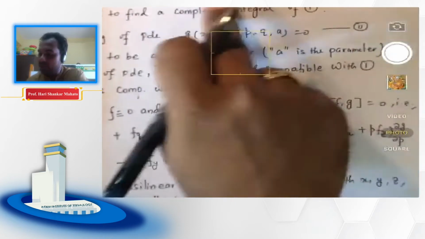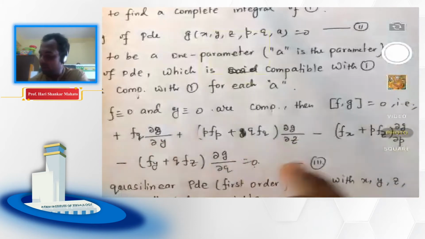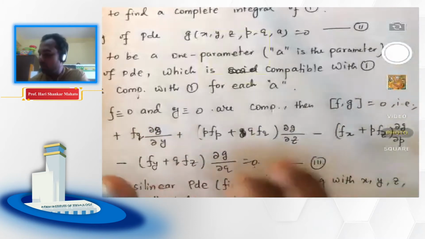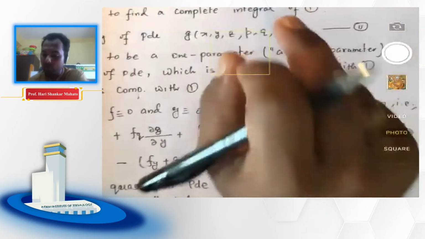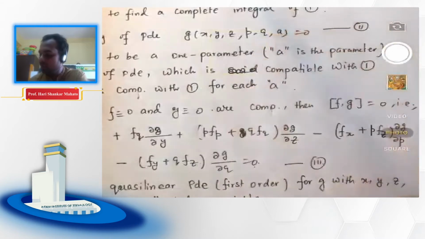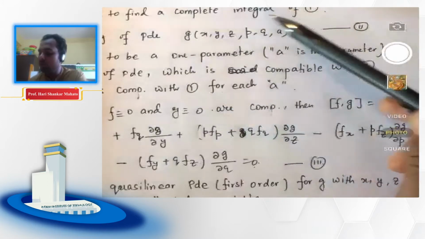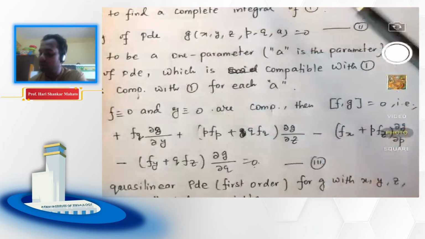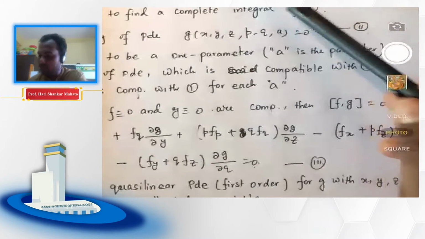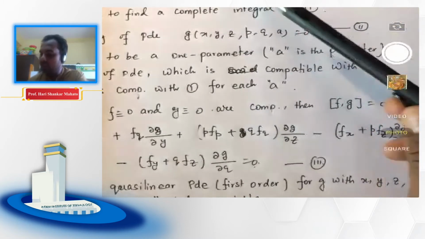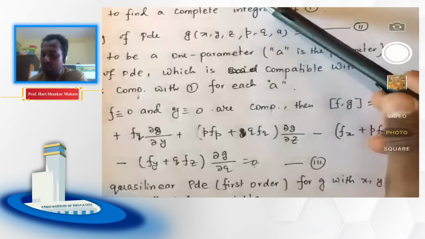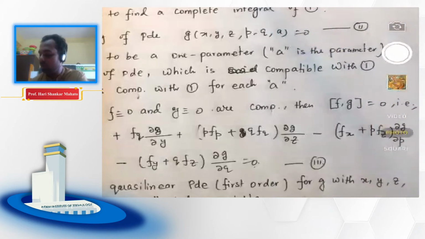Then this equation 1 is to find a solution of the equation 3 in a simple form involving p and q, and an arbitrary constant A. So our problem is first to find a one parameter family of PDE 2, which is compatible with the PDE 1 for every value of A. Then PDE 1 is, in a way, to find out the solution for PDE 3.